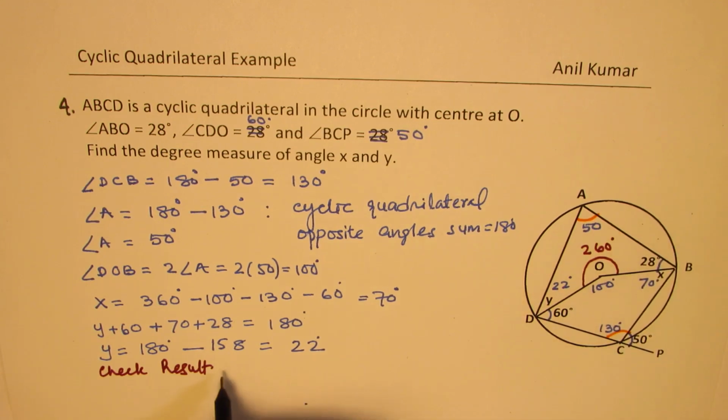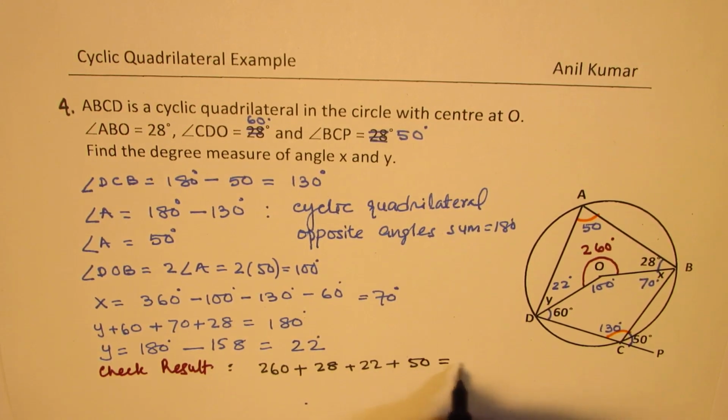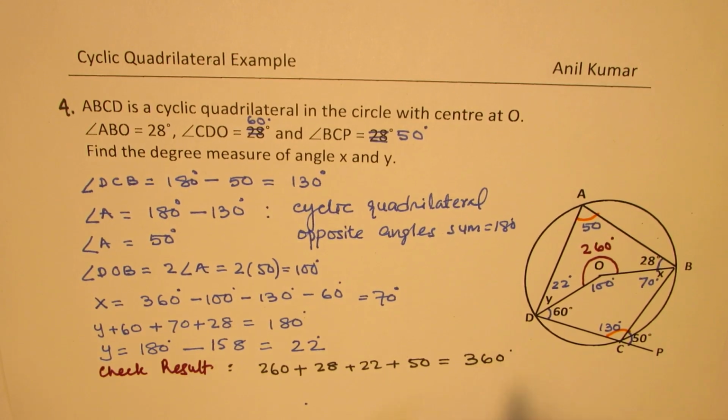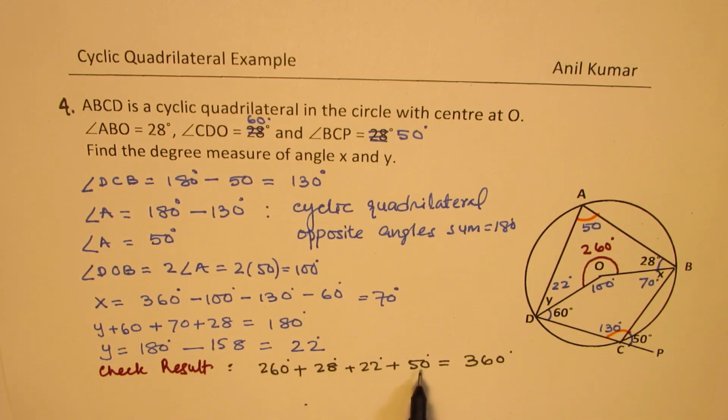The check is, if I add 260 plus 28 plus 22 plus 50, do I get 360? If I get that, then it is correct, right? So 28 plus 22 is 50, 50 and 50 is 100, 100 and 260 is 360. So it works. Do you see that? So that is correct, and therefore the answer is absolutely correct.